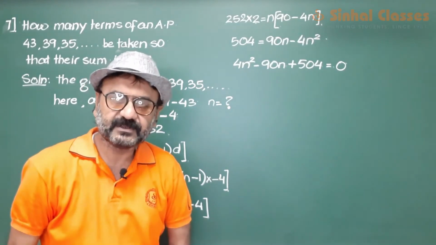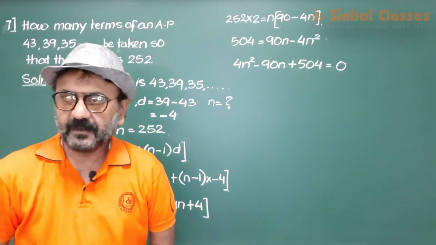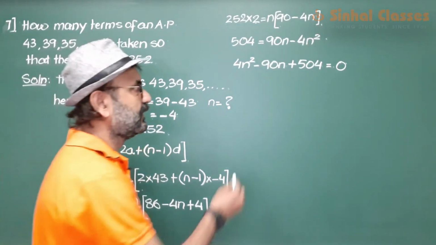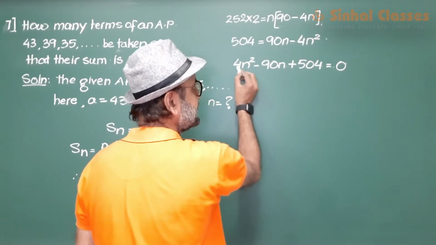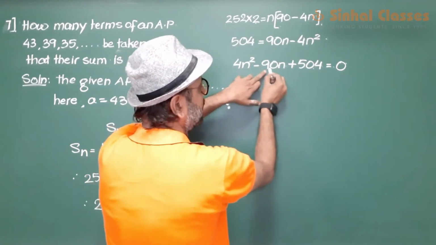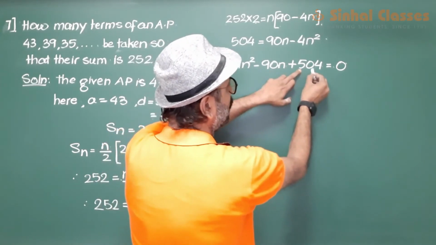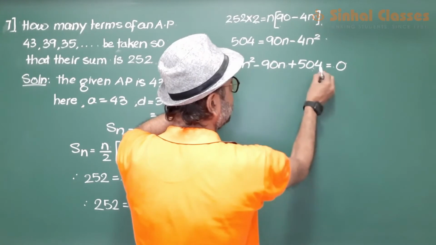In this quadratic equation, the way of solving should be, we need to split the middle term and continue. But before splitting the middle term, just see, is there any factor which is common in all? 2 2s are 4, 2 45s are 90, 2 252s are 504. So there is a common factor 2 in all these three numbers.